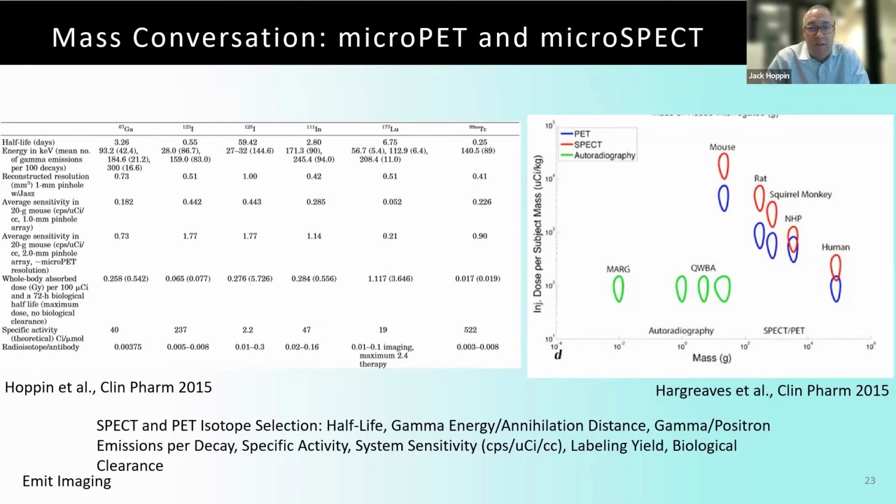And then to the far left, you have an analog of fluorescent microscopy and micro autoradiography. And in those cases, you really have tremendous sensitivity from a mass perspective. Again, it's an ex vivo sport, but you can really achieve parity in terms of mass dose.